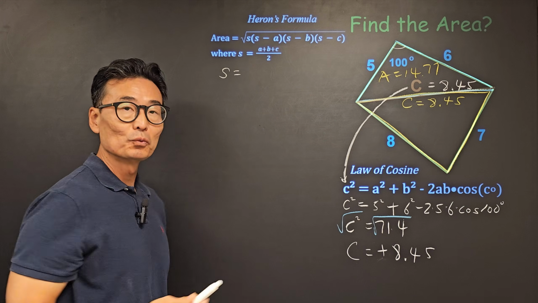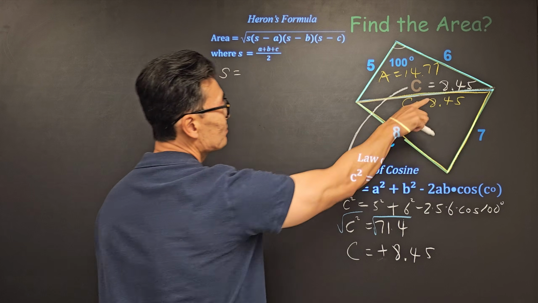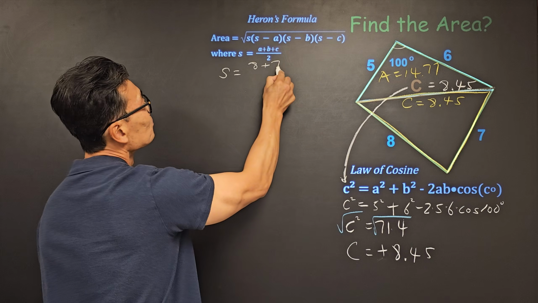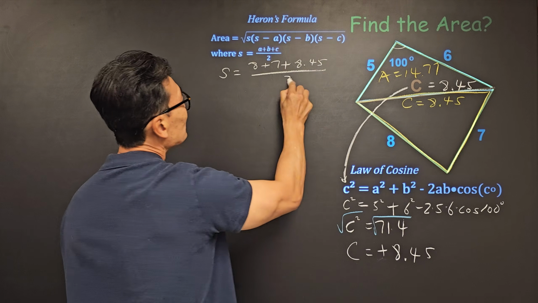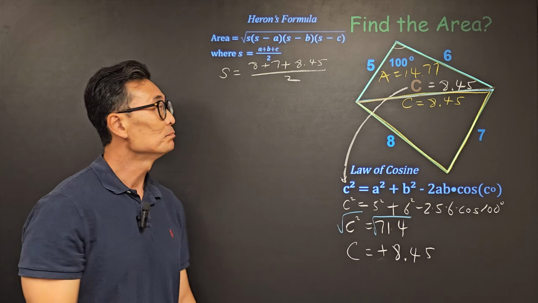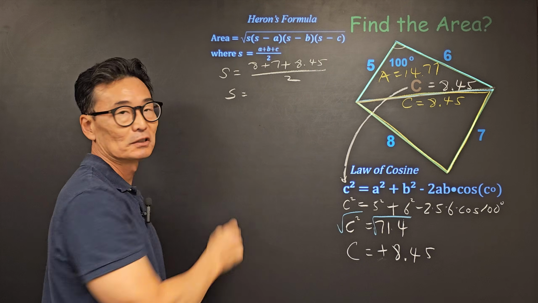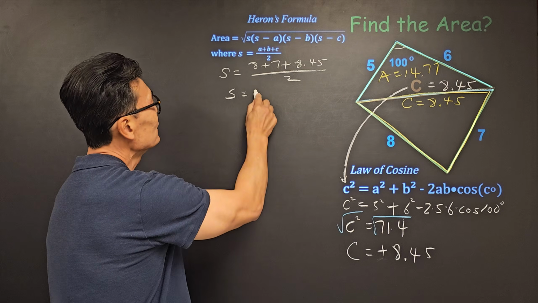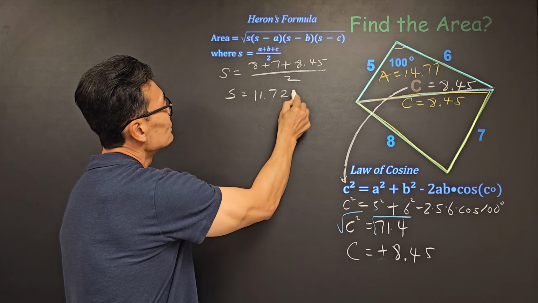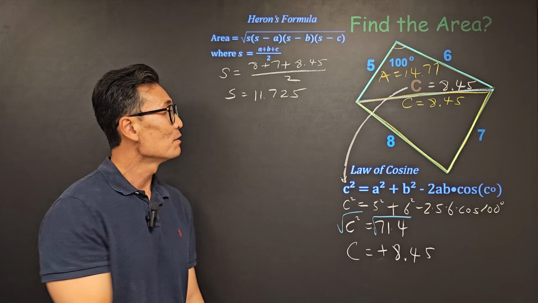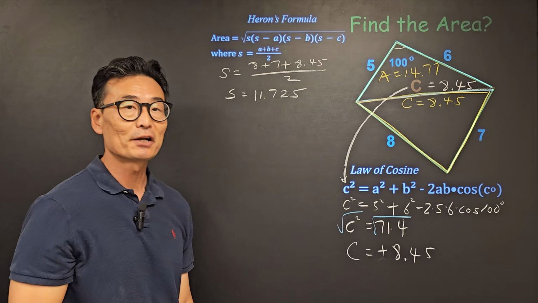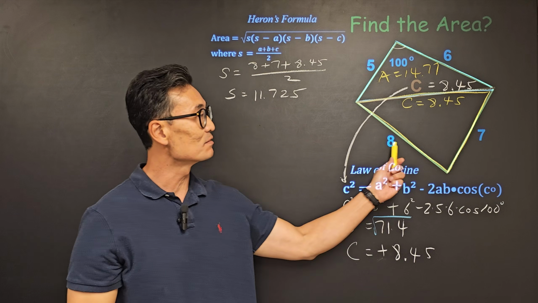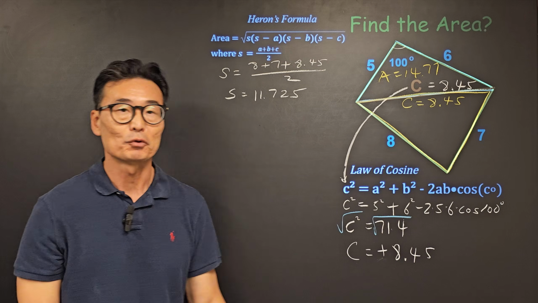Where S will be, add up the three sides and divide it by 2. And if you do that on the calculator, it'll come out to be 11.725. Now that we have the value of S, we'll put it into Heron's formula along with the sides of 8, 7, and 8.45.